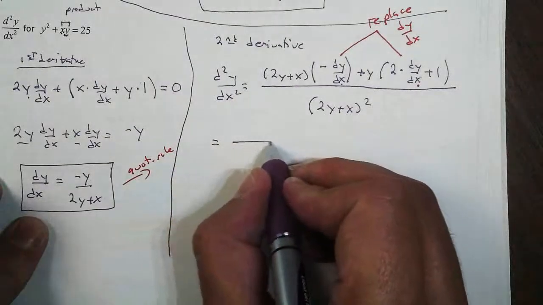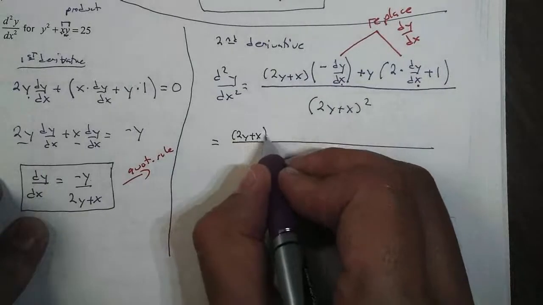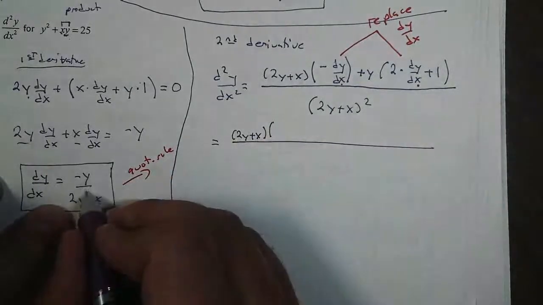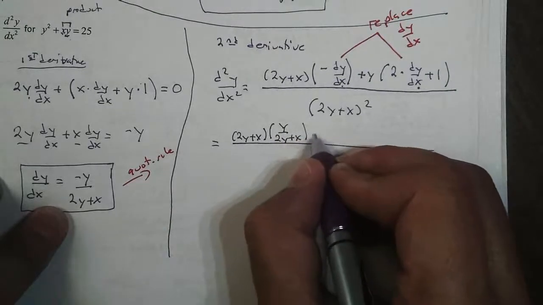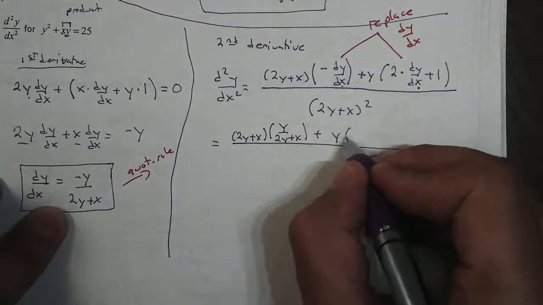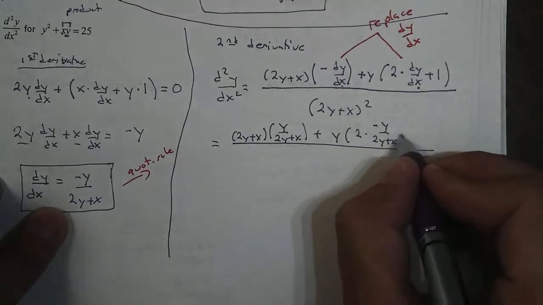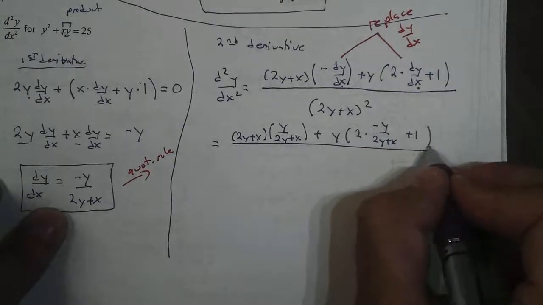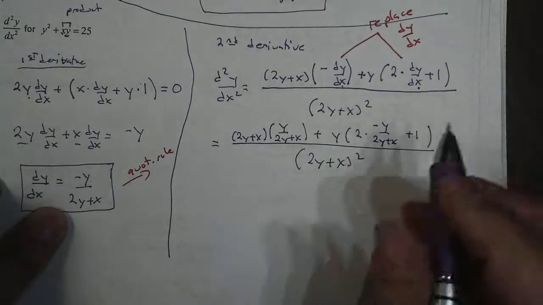Big fraction bar. 2y plus x times negative of my derivative, so that becomes positive y over 2y plus x, plus y times 2 times negative y over 2y plus x, plus 1, over 2y plus x squared.